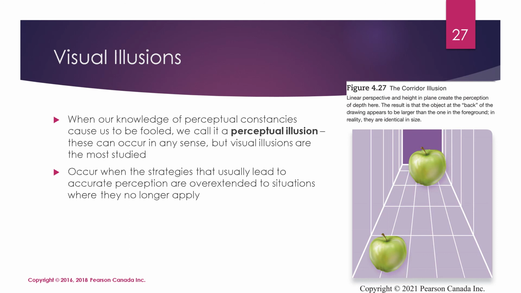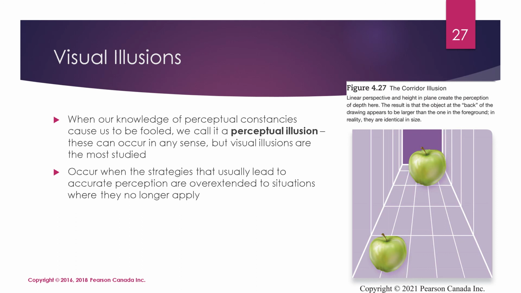Our brain uses that information to say, because it's high up in the image and closer to where those parallel lines intersect, it's further away. And so your brain compensates for it being further away by thinking, well, it must actually be larger than it appears in the picture.